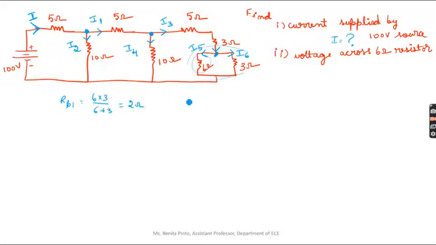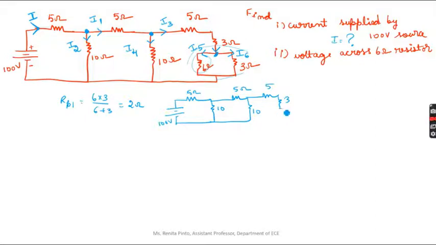That means my circuit will look like this: 5, 10, 5 ohms, 10 ohms, 5 ohms, and here you have 3 ohms. Then 6 into 3 over 6 plus 3 gives you 2 ohms, so this equivalent resistance is 2 ohms.